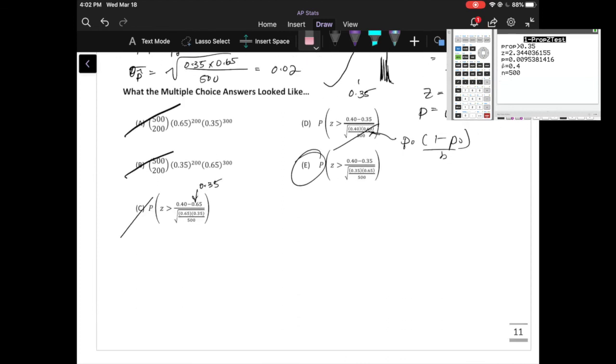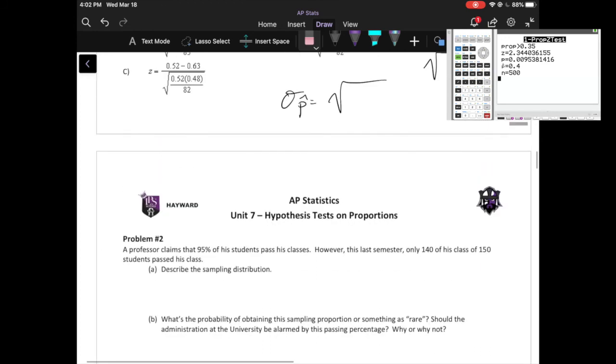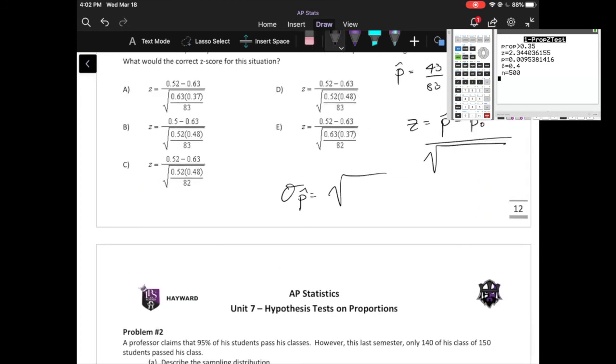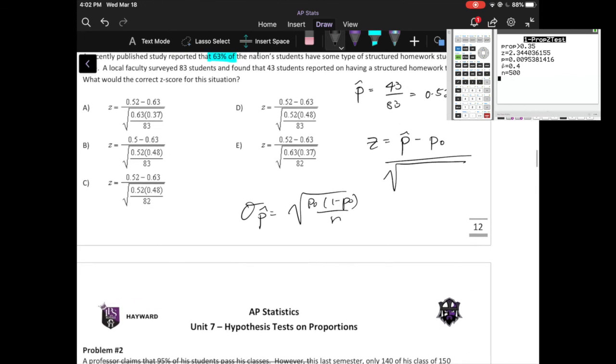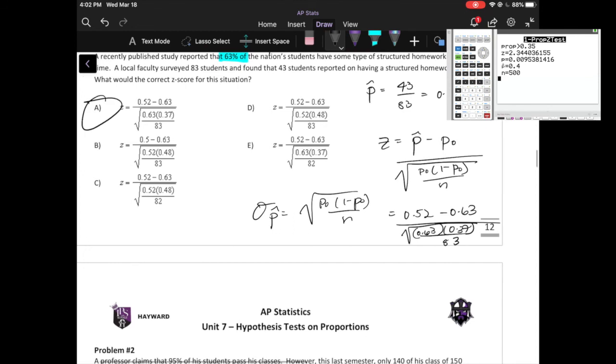So we're doing p naught times 1 minus p naught over n. So in this case, p hat is 0.52 minus 0.63 all over the square root of 0.63 times 0.37 over 83. So the correct answer here is A.